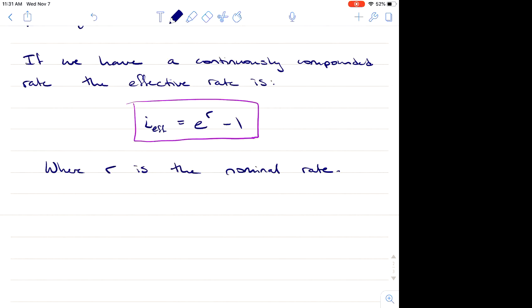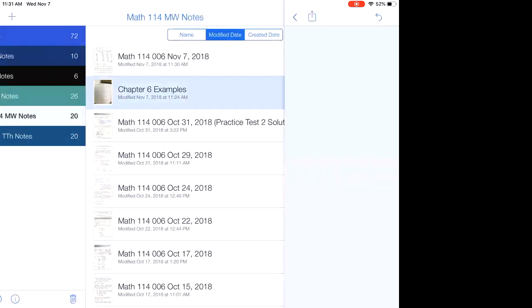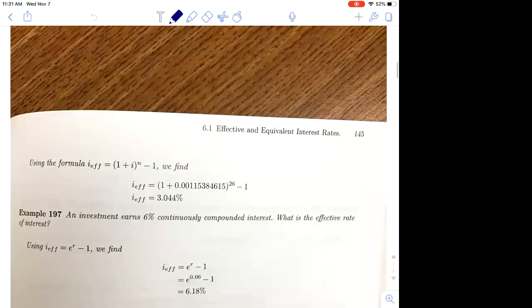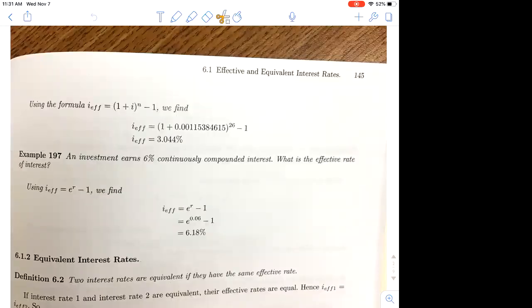Okay. So let's see here. For a little example, let's do example 197.